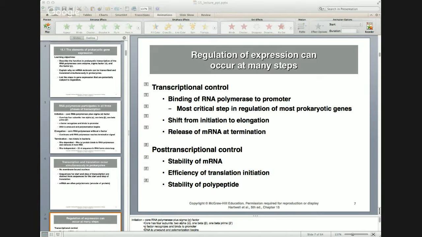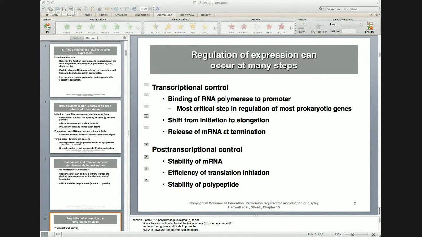Can anyone tell me, what are the consensus sequences in the promoter to which RNA polymerase binds? Does anyone know that? At least one.